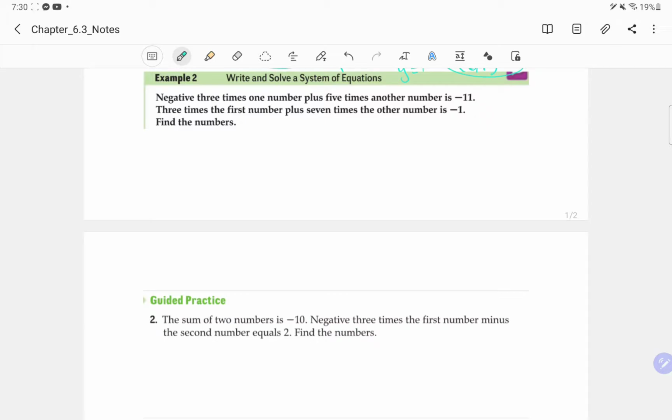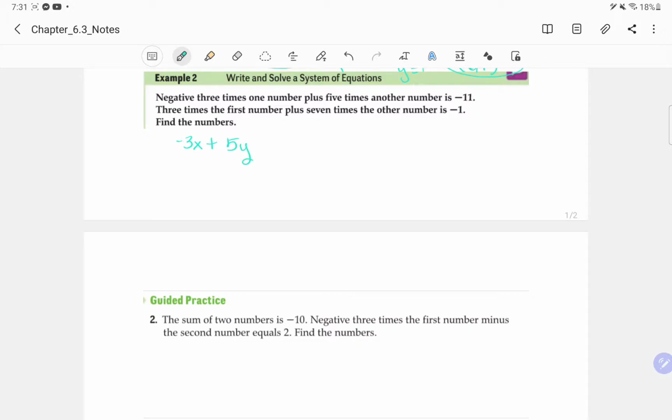If you look at example 2, it says negative 3 times a number plus 5 times another number is 11. So what that means is negative 3 times a number, negative 3x, plus 5 times another number, which means it's a different number. It's not the same one.